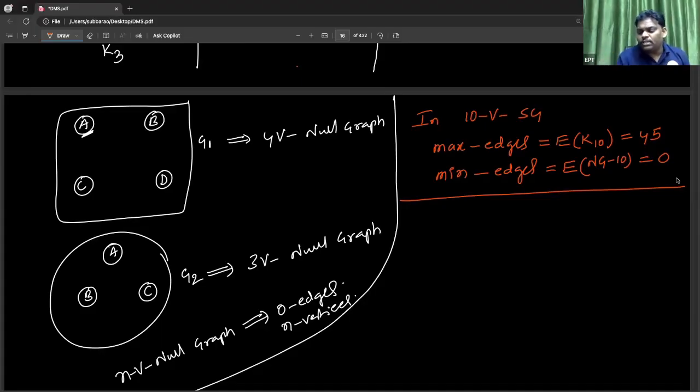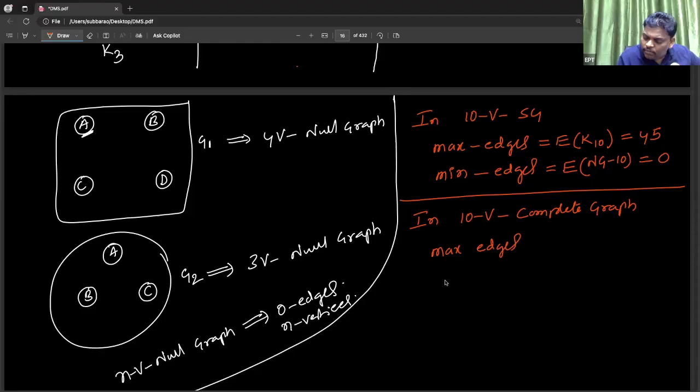Now I am asking, this is very interesting. Can you give the answer? In a 10 vertex complete graph, maximum edges how many?